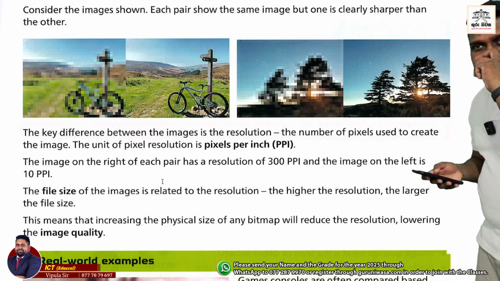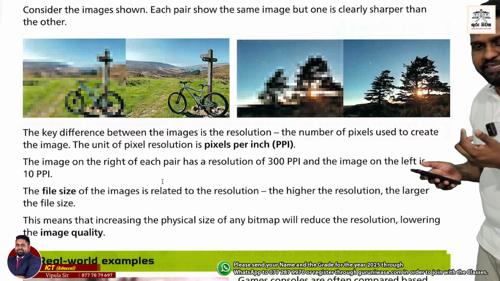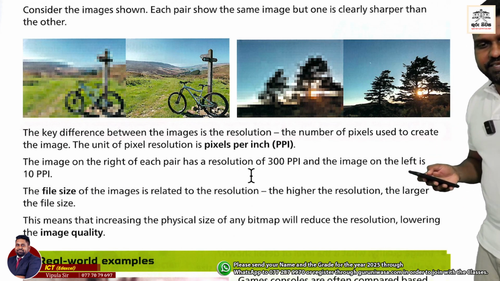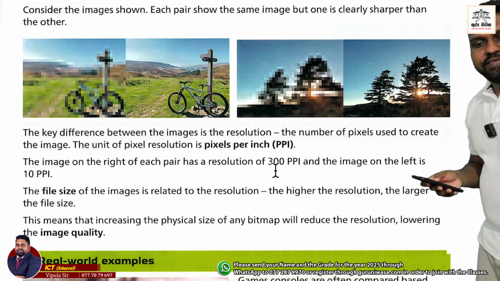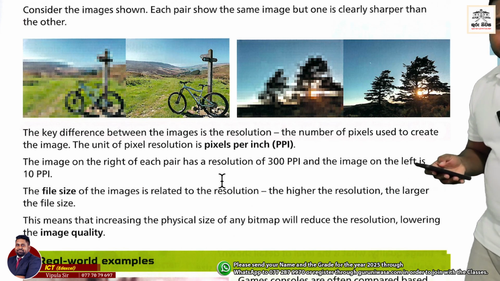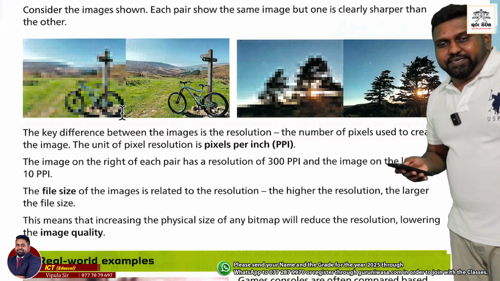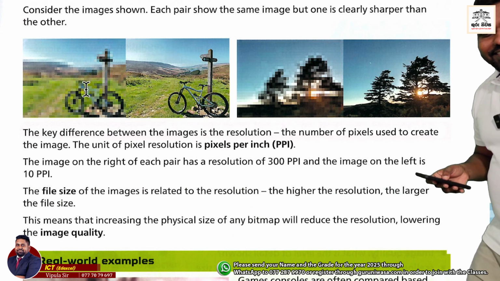most important points when it comes to web graphics. The default is a 300 PPI quality, which you can see here. But see the difference. This is 10, this is 300.